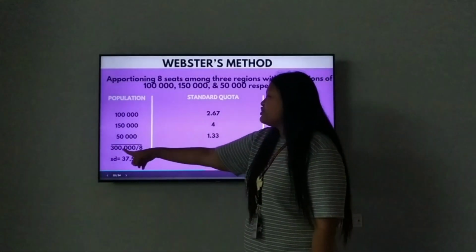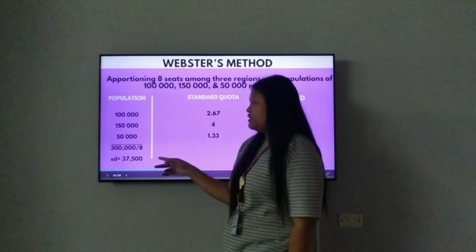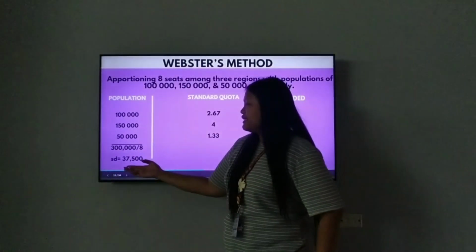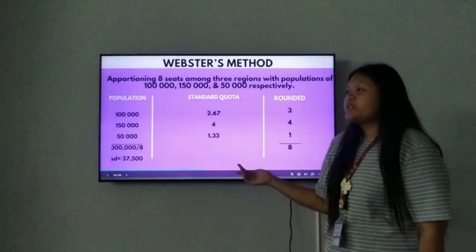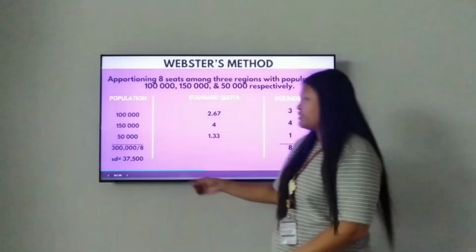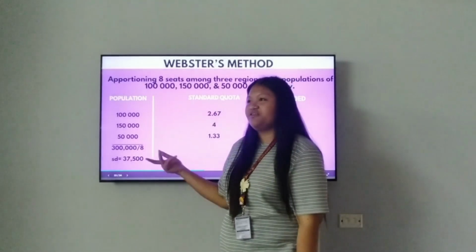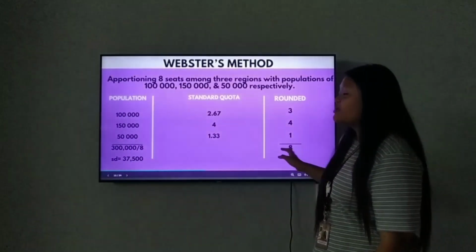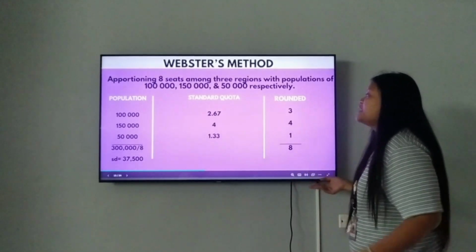So our SD, or standard divisor, is 37,500. Unlike Jefferson, we don't need to use a modified standard divisor here, because it will automatically total the given apportionment.